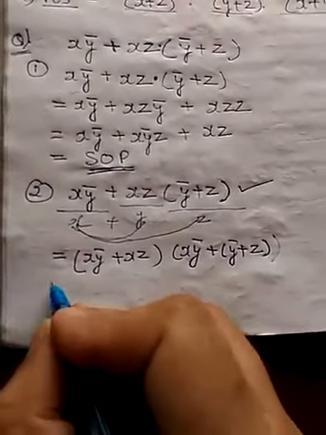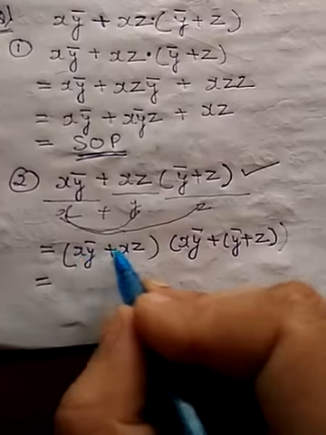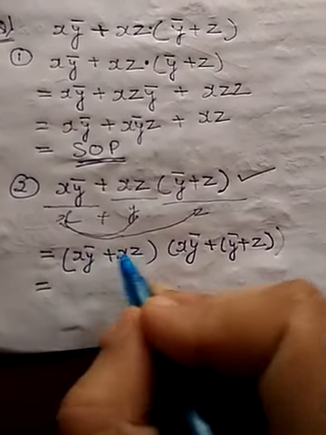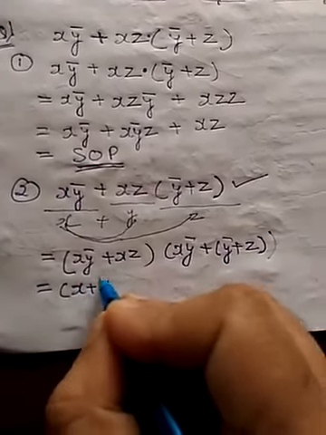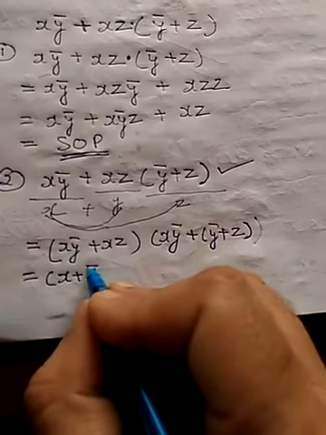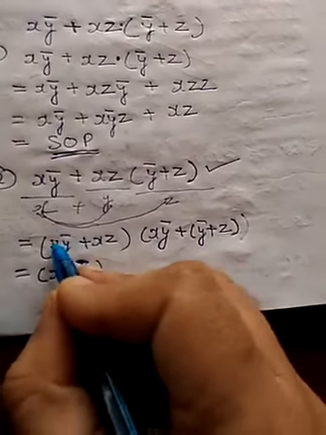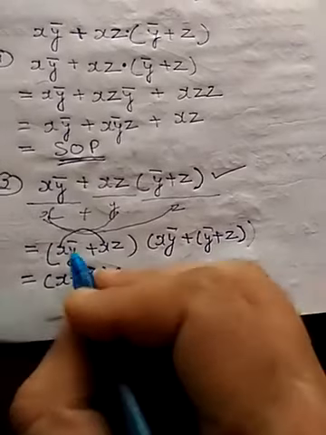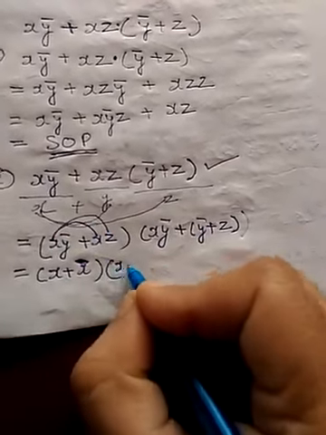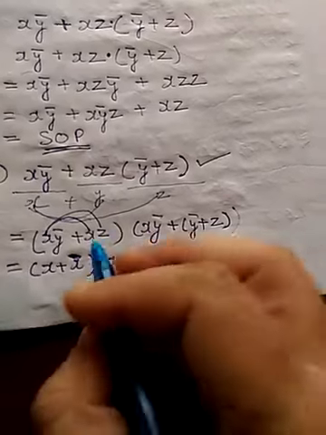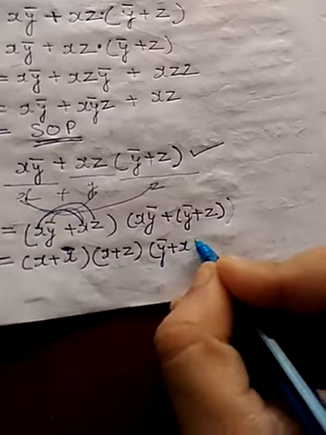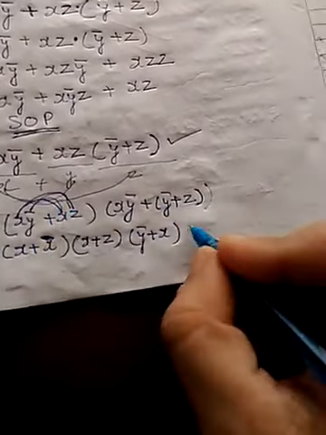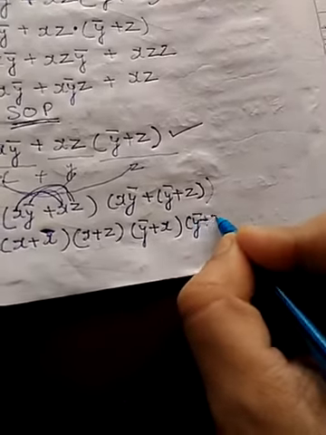Again apply the distributive law over here. This plus this, this plus this, this plus this, this plus this. So you will get (x + x)(x + y')... x + z, again y' + x, y' + z.